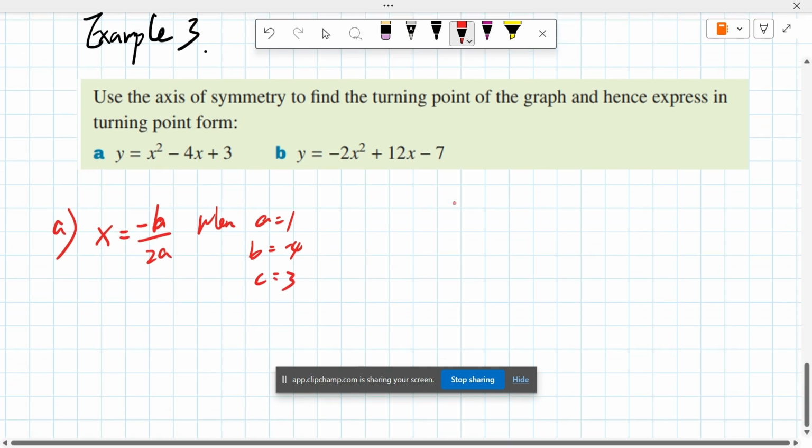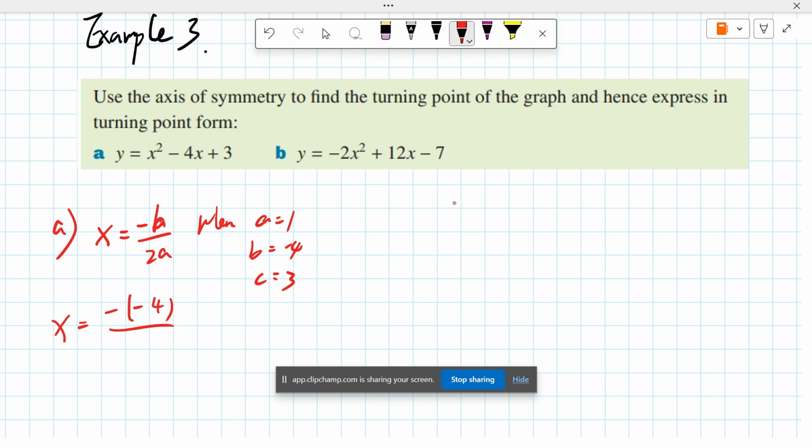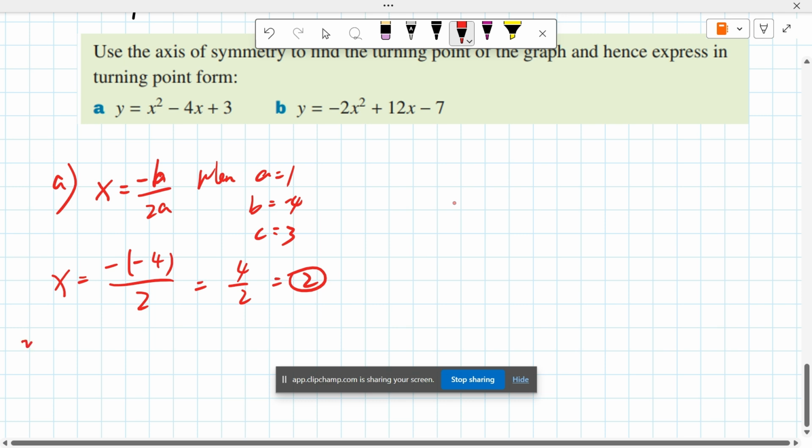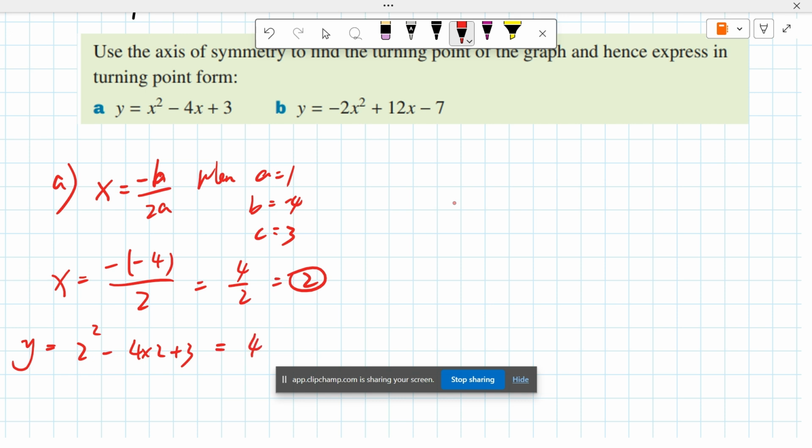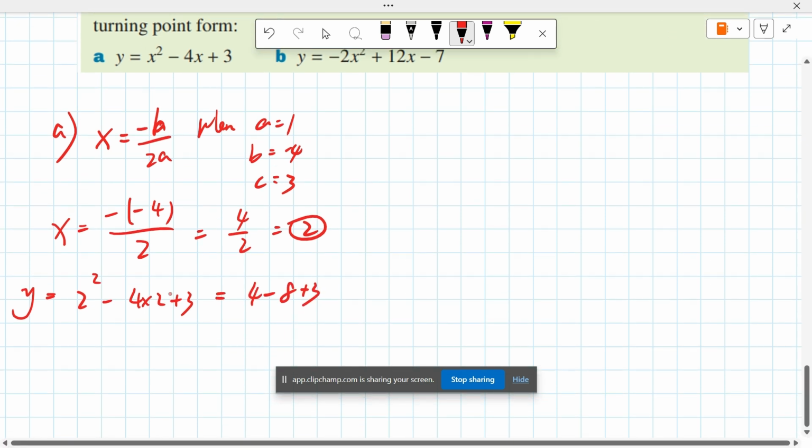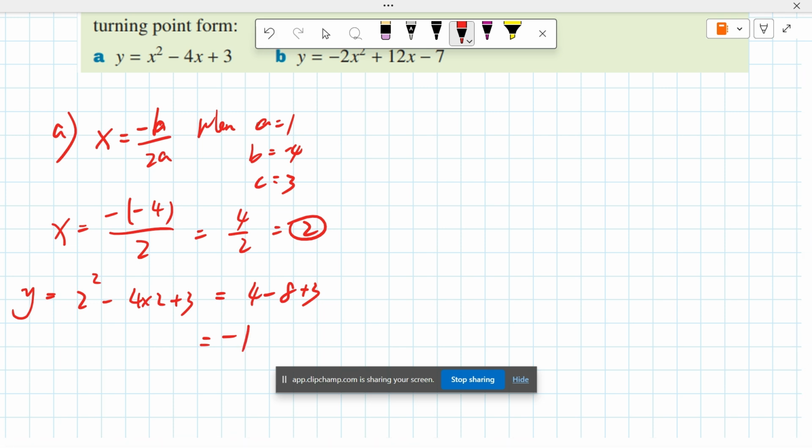So x equal to minus b, which is minus minus 4, over 2 times 1, which is 4 over 2, which is 2. So when x equal to 2, y equal to 2 squared minus 4 times 2 plus 3, that'll be 4 minus 8 plus 3, that'll be minus 1. Hopefully that makes sense. So the point 2, minus 1 is your turning point.